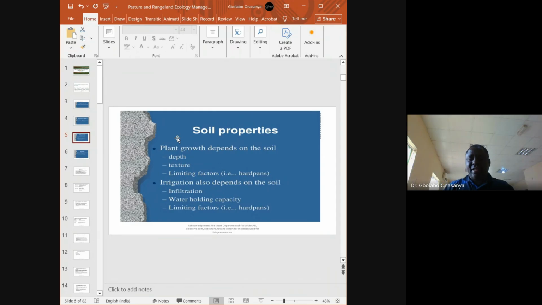So water holding capacity of the soil is important in managing soil property. I am talking about management of pasture land, water management, and soil factors, and examples like fertility and irrigation: doing things that will increase the quality of our grasses and legumes and make them available all year round.